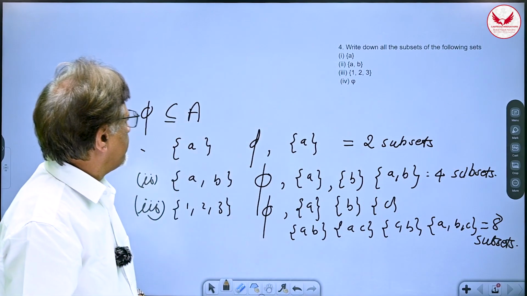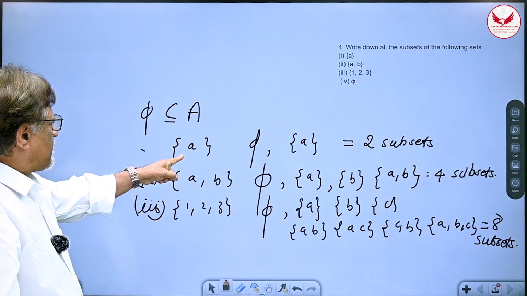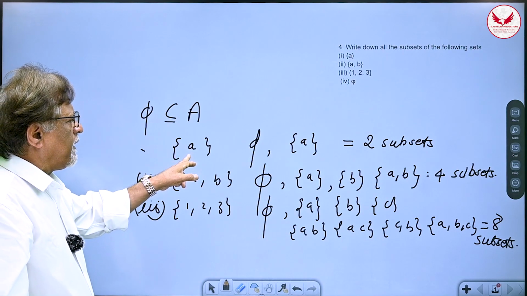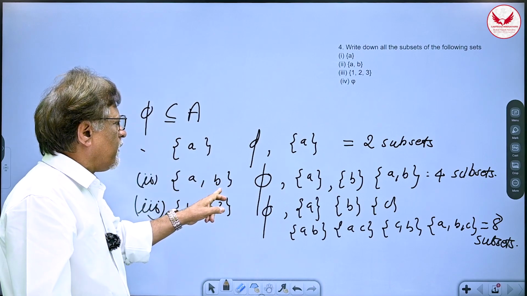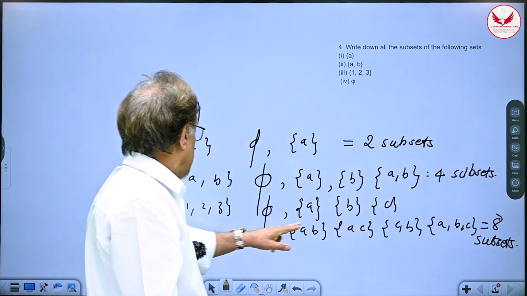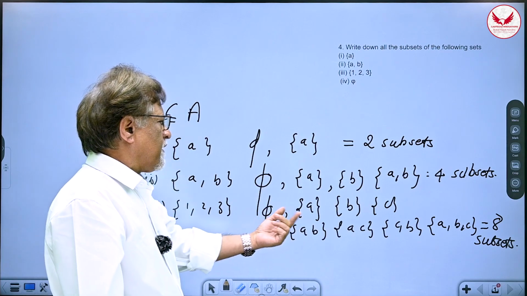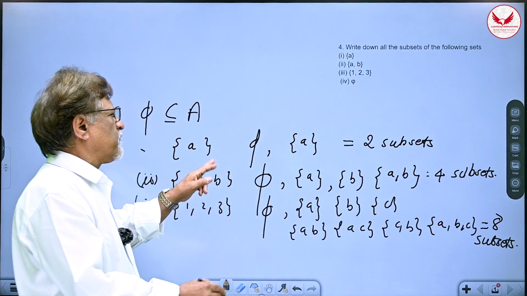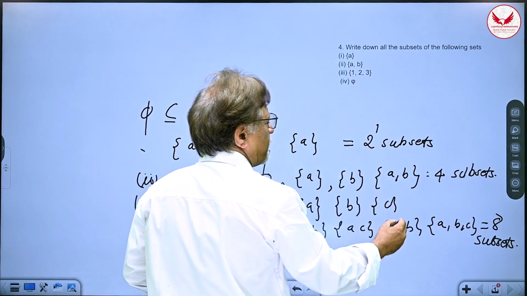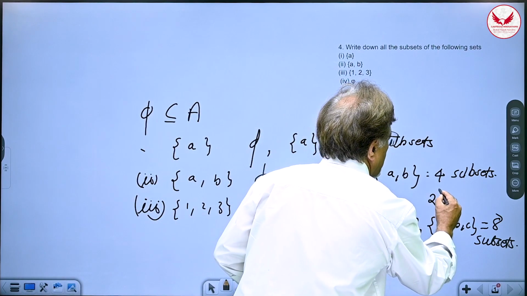Now can you make out? The first set contained only one element. It has got 2 subsets. The second set contains 2 elements. It has got 4 subsets. The third contains 3 elements. It has got 8. So you can see the connection: this is 2 raised to 1, and 4 means what? 2 raised to 2.